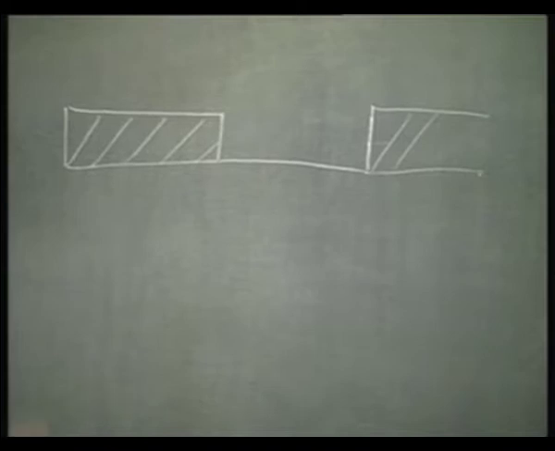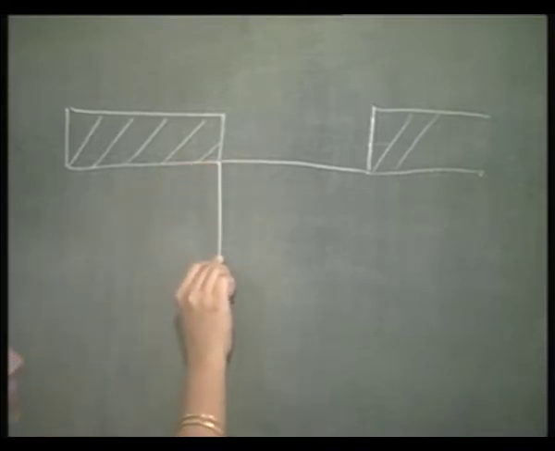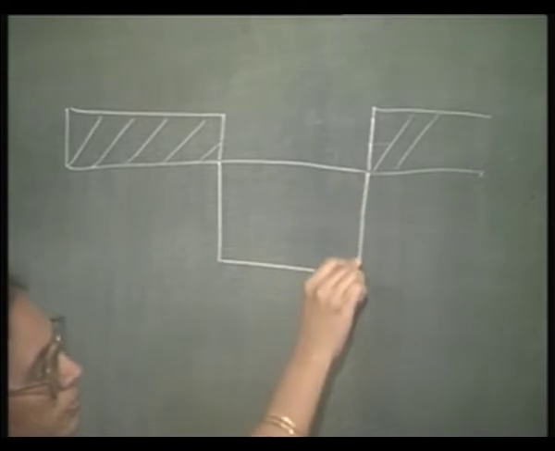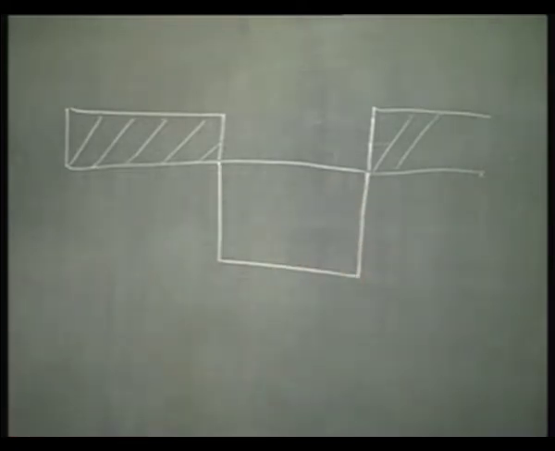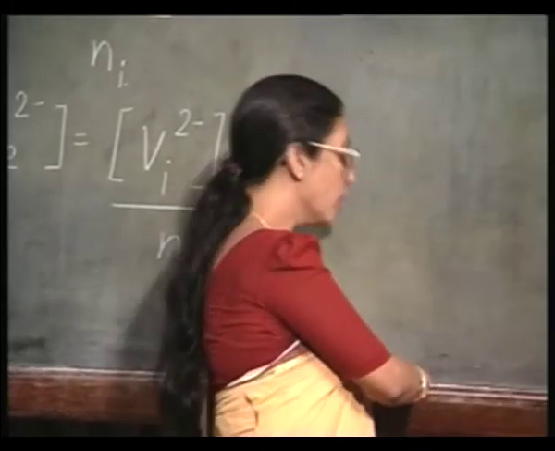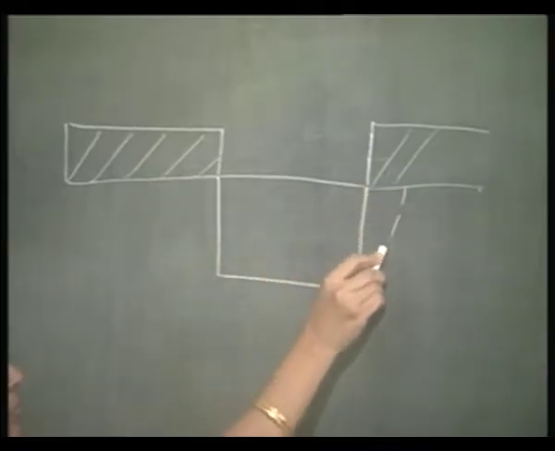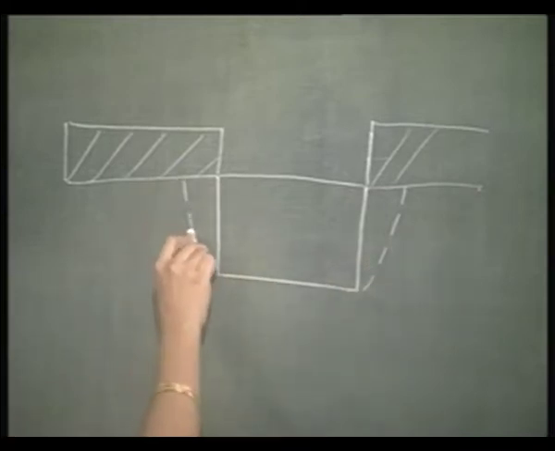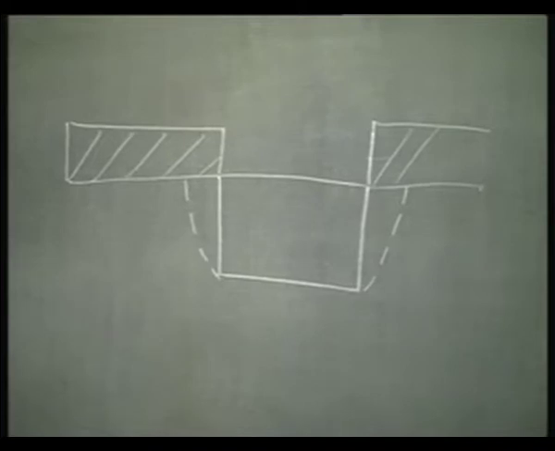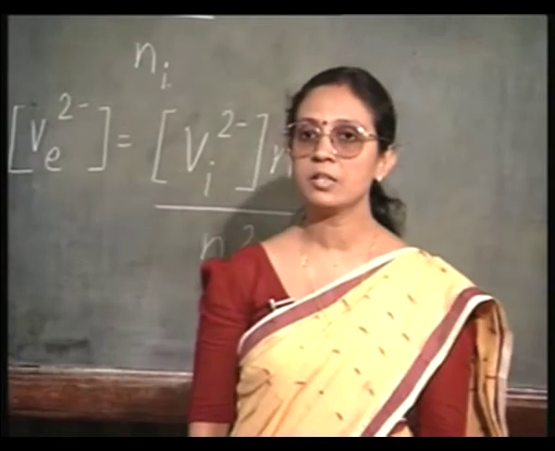Ideally what you want is the diffused region to be like this, right? But in practice it will never be so, it will always move a bit inside. And this is called the lateral diffusion.